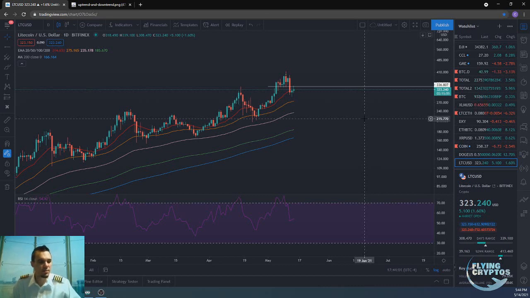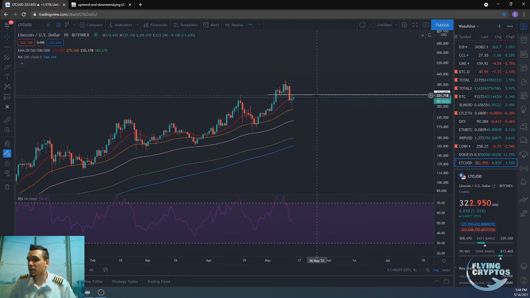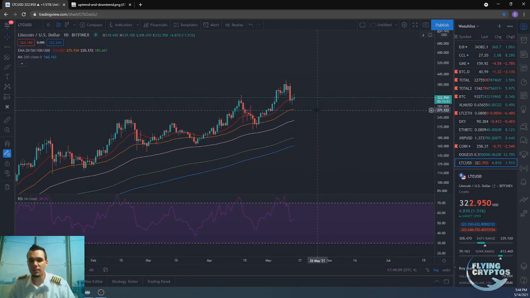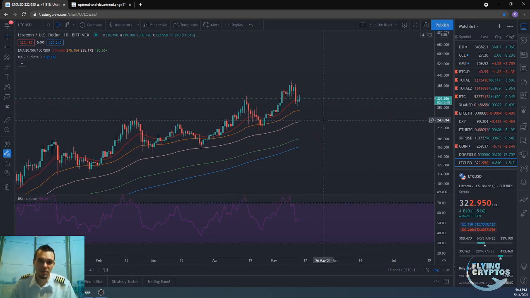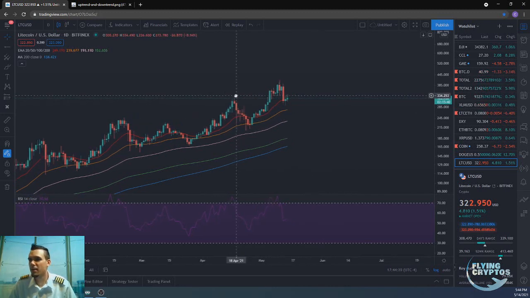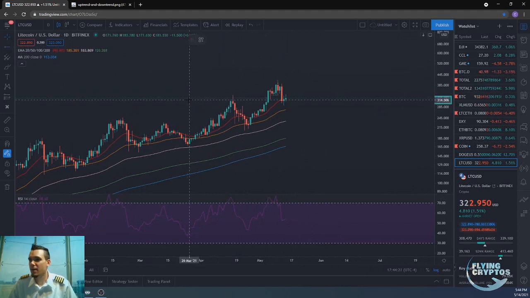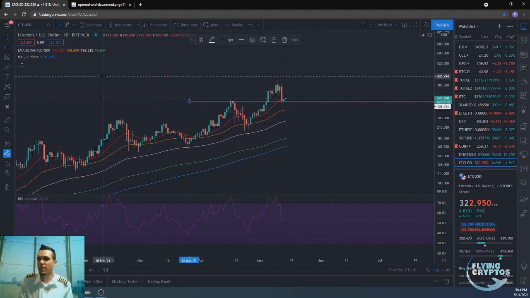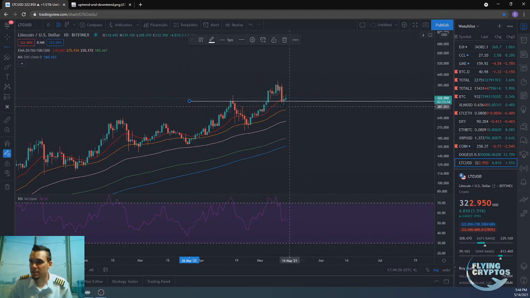Now, what is the importance of uptrends and downtrends on these different charts, on these different time frames? Well, the importance of that is if we're holding a daily uptrend, but we're in a 30-minute or an hourly downtrend, right there, we are testing to hold the daily uptrend.